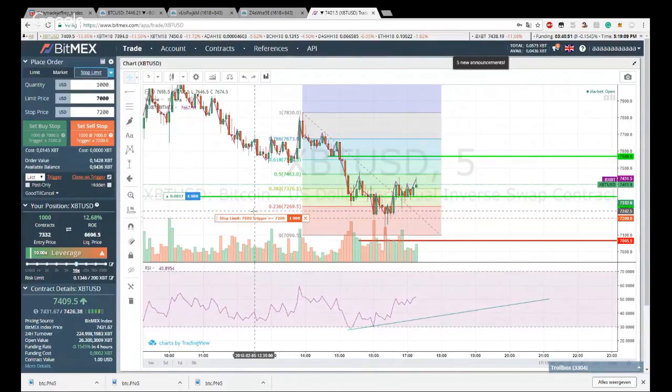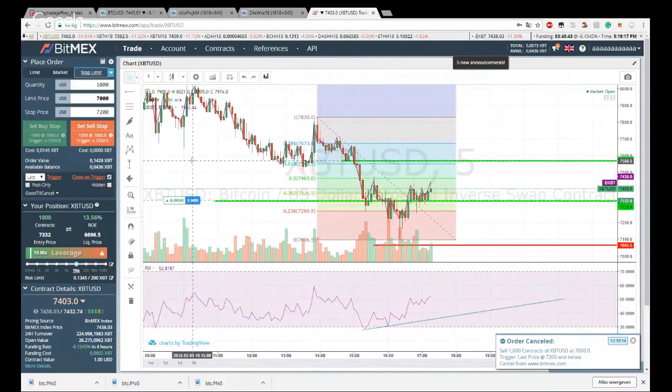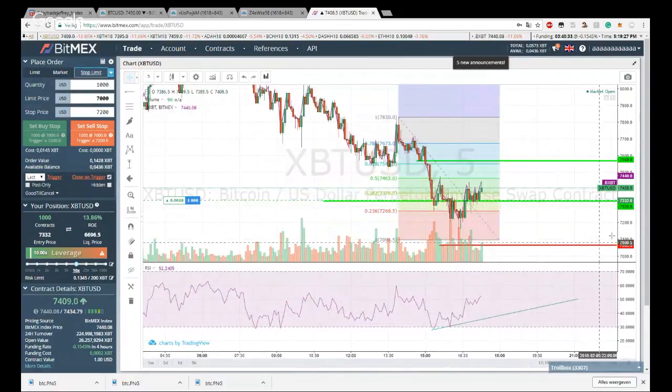Something else about the stop: this can also be used in reverse. Not sure if I should showcase this right now. I hope it was a little bit clear.